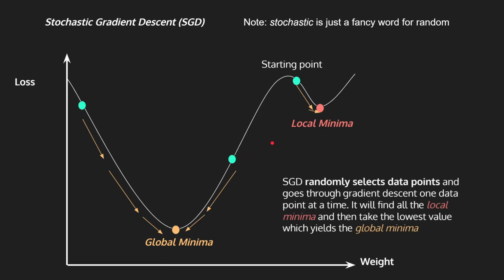So stochastic gradient descent basically randomly selects data points, goes through the gradient descent one data point at a time, and it will find all the local minima. So in this case, this is actually also a local minima since it's the lowest point of this mountain here. And we take the lowest value of all the local minima, which will give us the global minima here, right?